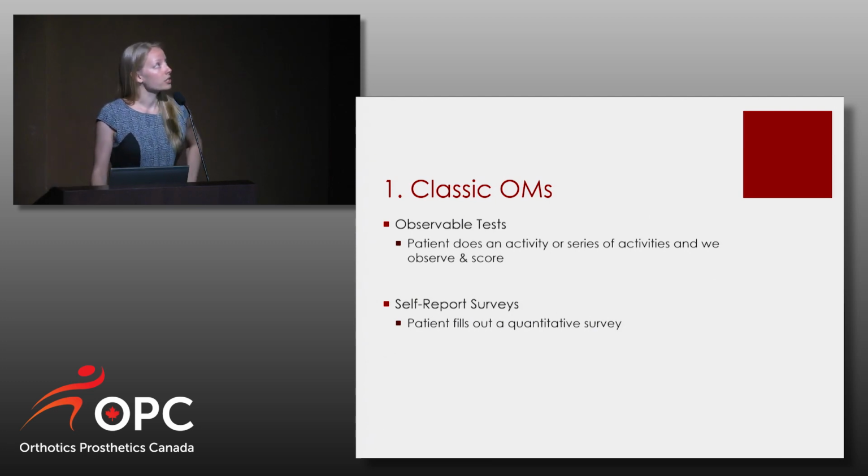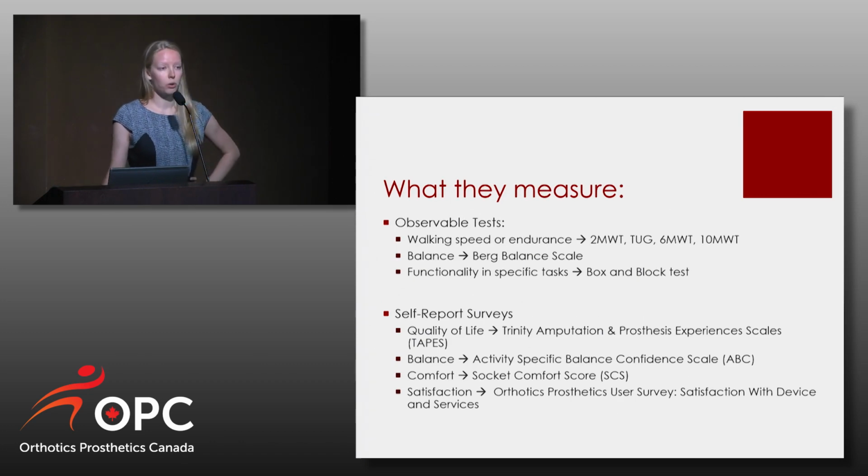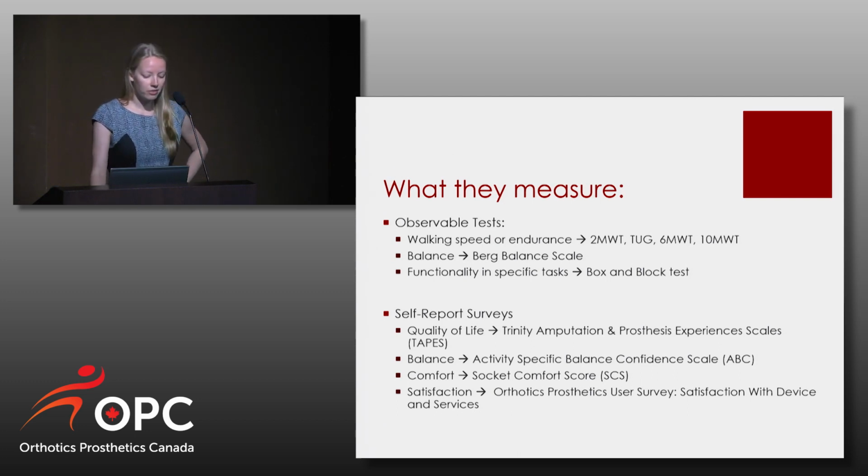So what do these tests measure? They can measure things like walking speed, the TUG test or the 2-minute walk test. They can measure balance, functionality in specific tasks, quality of life, comfort, satisfaction, all sorts of different things.